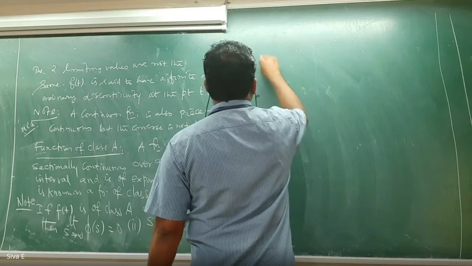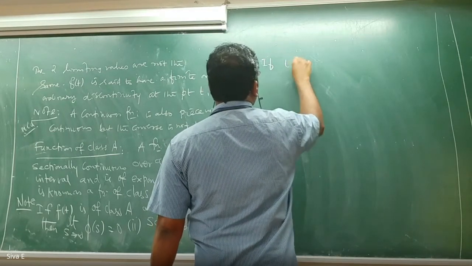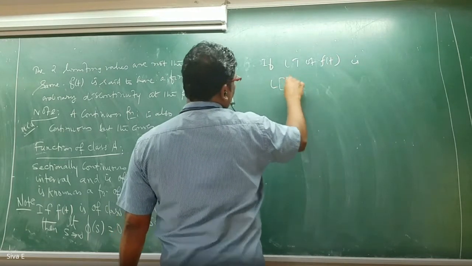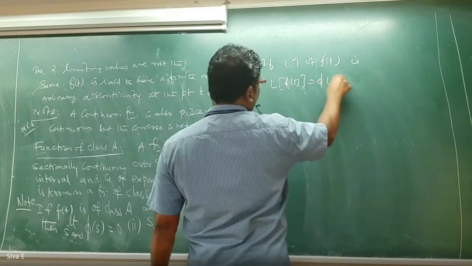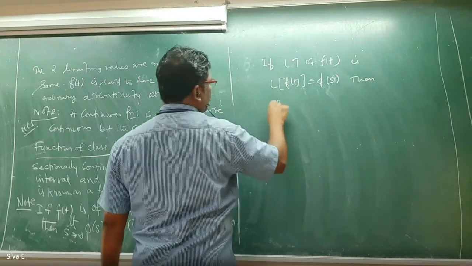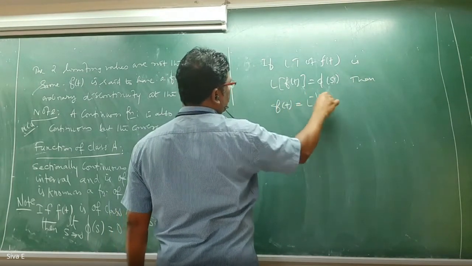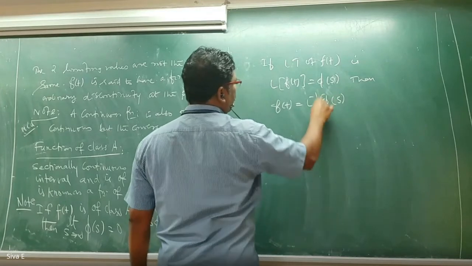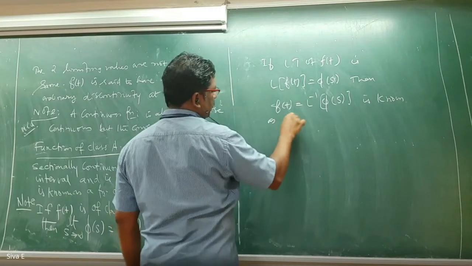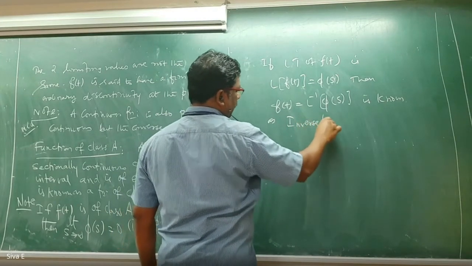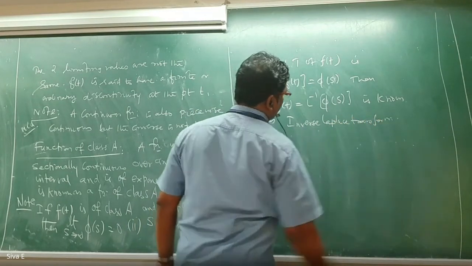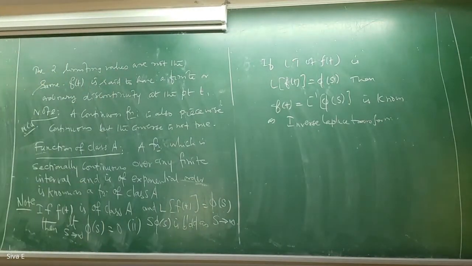Next one: if the Laplace transform of f of t is L of f of t equal to phi of s, then f of t equal to L inverse of phi of s is known as the inverse Laplace transform.